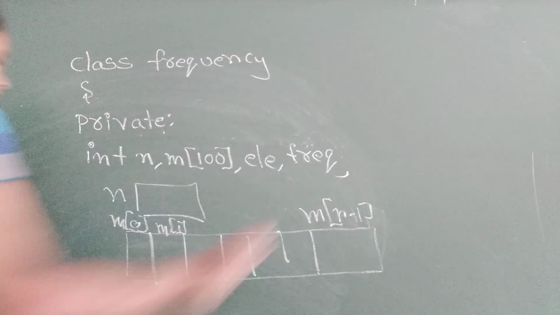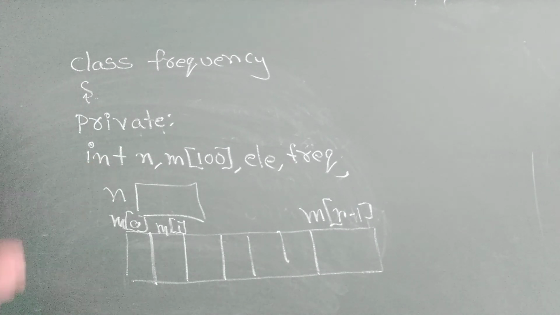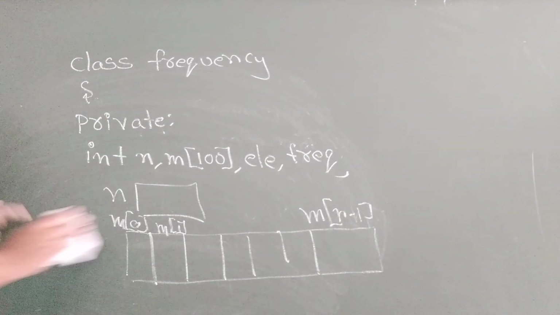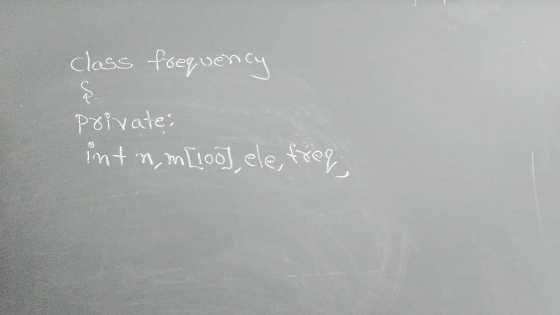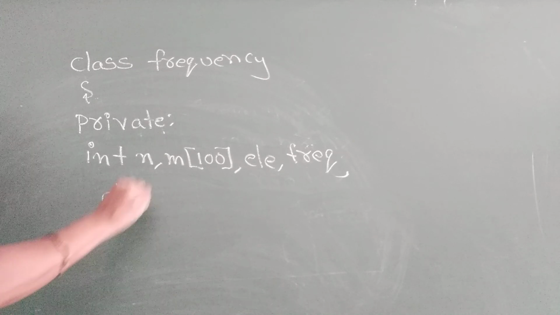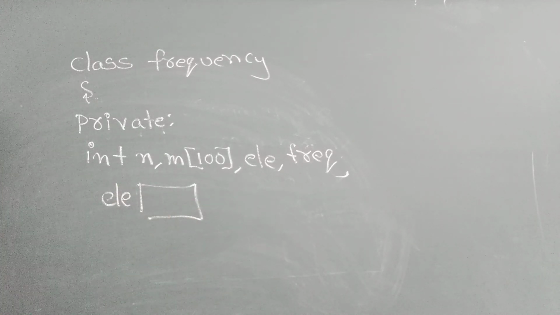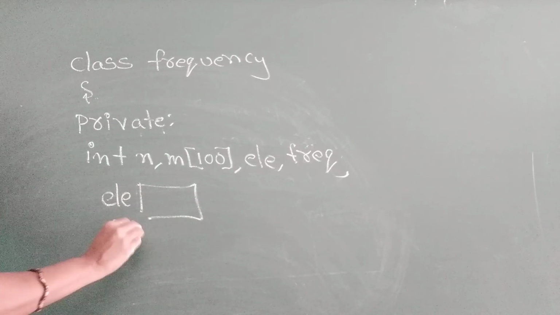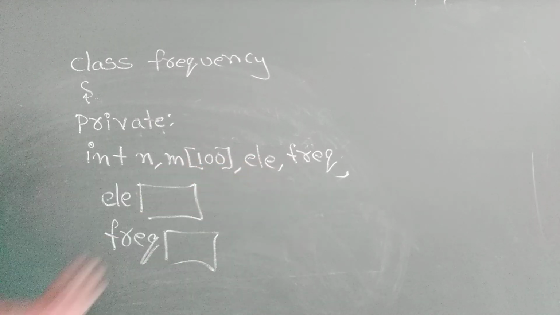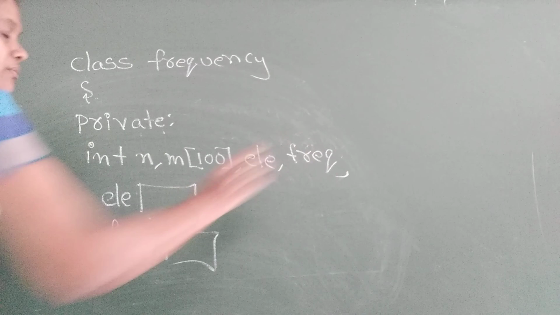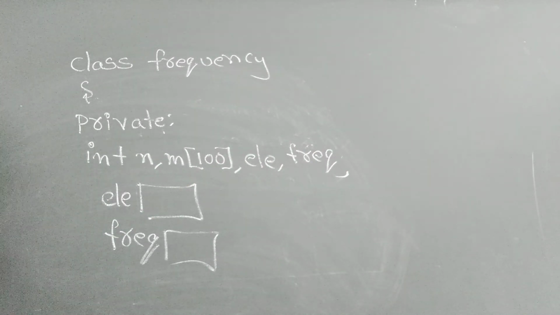Now the next memory location is ELE, where data will be stored. One more location is frequency. This we call variable declaration, and every variable declaration should end with a semicolon.